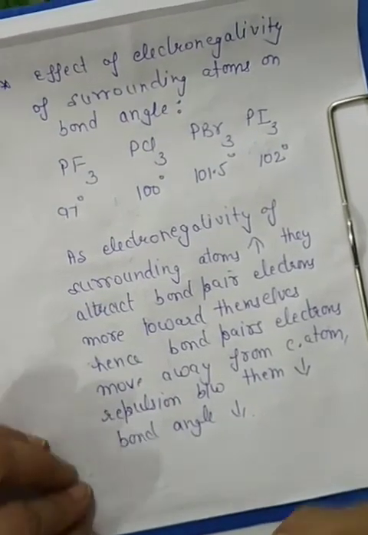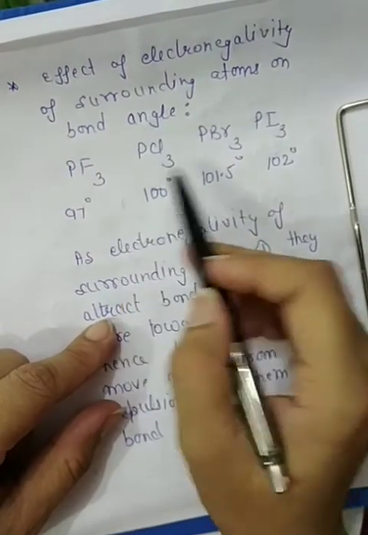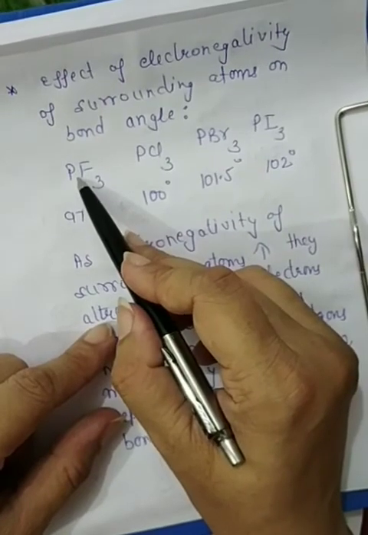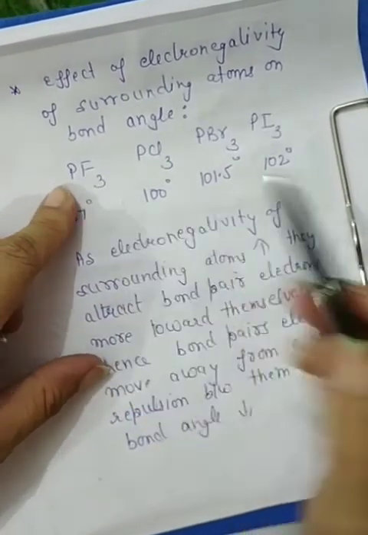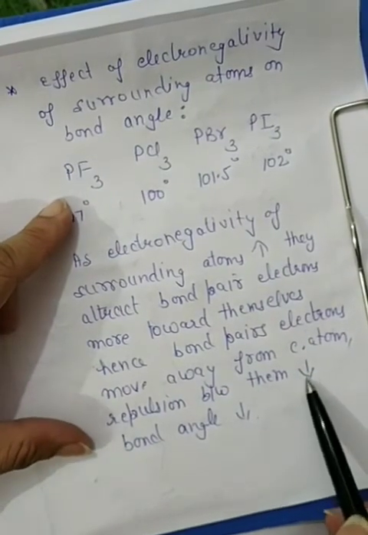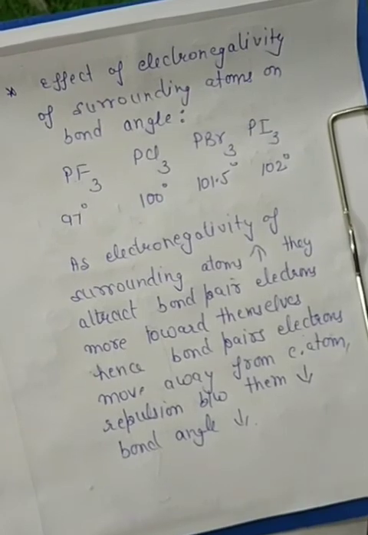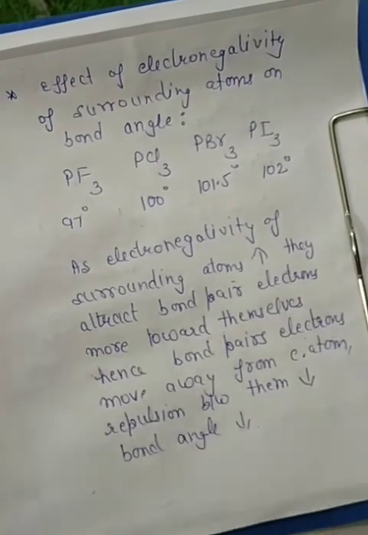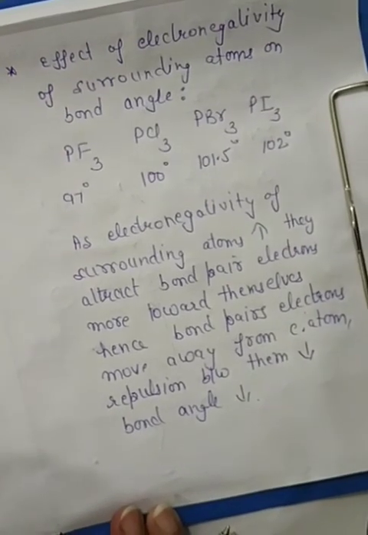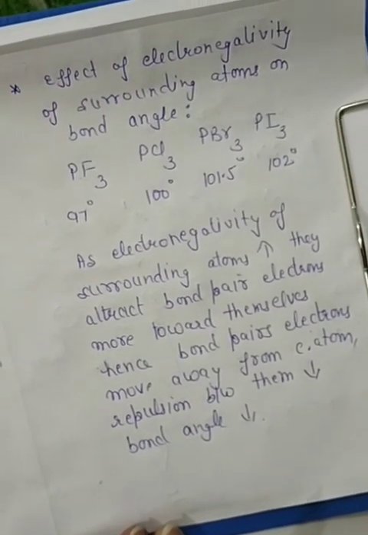Okay, so as we move from iodide to fluoride, the bond angle decreases. Why? Because electronegativity increases, which results in less repulsion between these bonded pairs of electrons, hence the bond angle decreases. So this is the hybridization. In the next topic, we study how to find out hybridization directly by applying a formula.